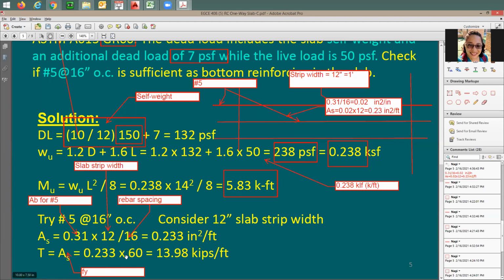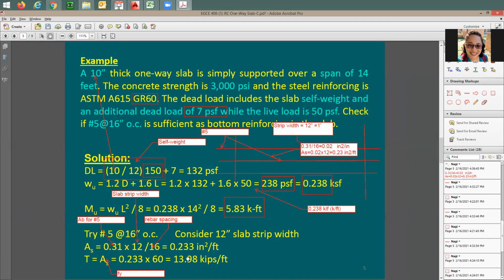AS times F sub y, with Fy equal to 60, gives 13.98 kip per foot. Have you ever seen tension as kip per foot? Yes, because this foot is going to be the width of the strip. Everything here is going to be per a foot strip width.